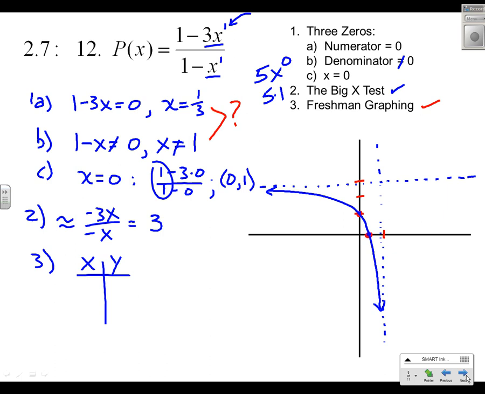Okay, now what I do need to know is what's happening to the right of 1. Maybe I have a curve up here in region A. Maybe I have a curve down here in region B, with the guiding asymptotes. Now, if we really understood what happened up here in step A, everybody gets this: we found a 0, right here.